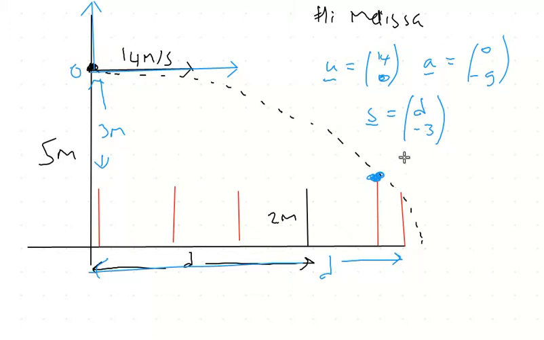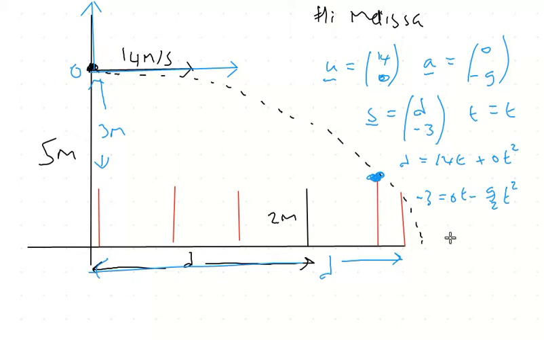Now this question is going to be easy because we can just use s equals ut plus a half at squared. So we can say that d equals 14t plus 0t squared, so d is 14t. But we've also got -3 is 0t minus g over 2 t squared.